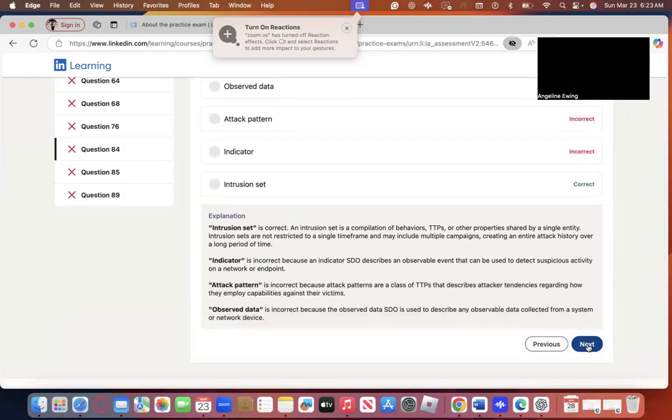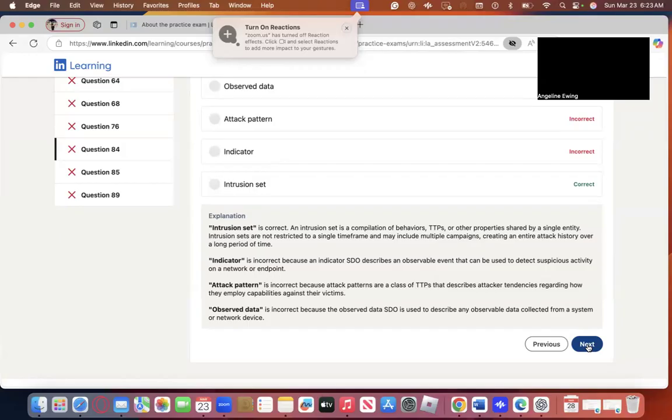The three other incorrect answers are indicator, attack patterns, and observed data. Indicator is incorrect because the indicator SDO describes an observable event that can be used to detect suspicious activities on a network or endpoint.